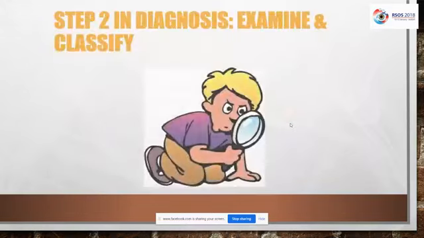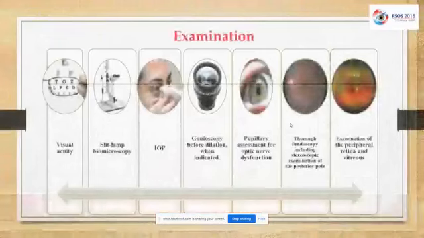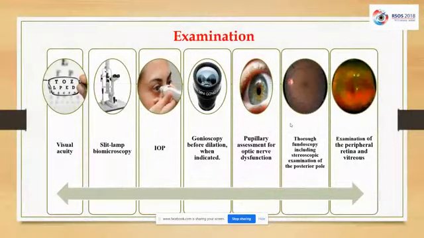Okay, so after taking a good history, you'll be able to move to your next step in your diagnosis, which is the examination and the classification of your uveitis. So the examination is like your general examination for any patients. You need to report the visual acuity.